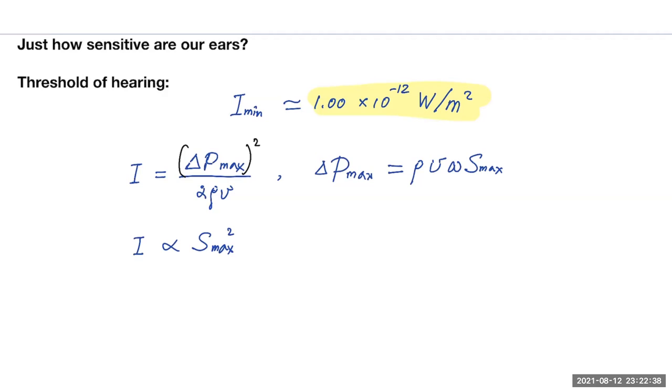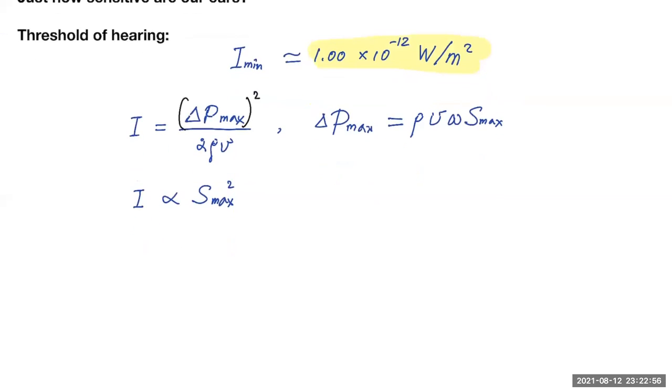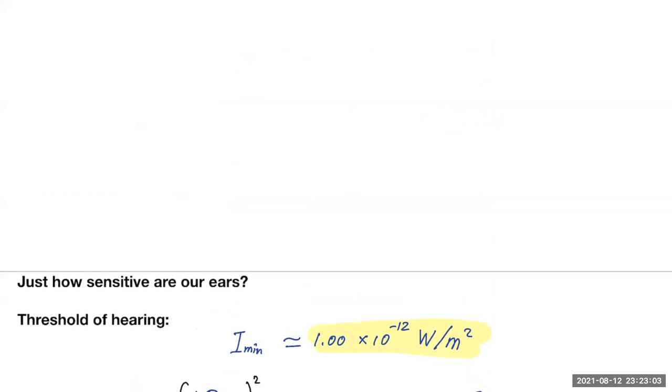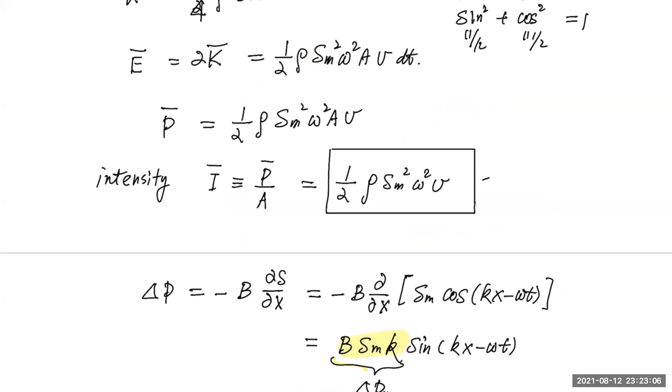In fact, I think it's more dramatic if we simply calculate the maximum displacement of air molecules in a sound wave with this minimum intensity that our ears can barely hear. Okay, so I minimum, I have to express in terms of S. So going back to this formula, 1/2 rho S maximum squared omega squared V. All right, so let's do that.